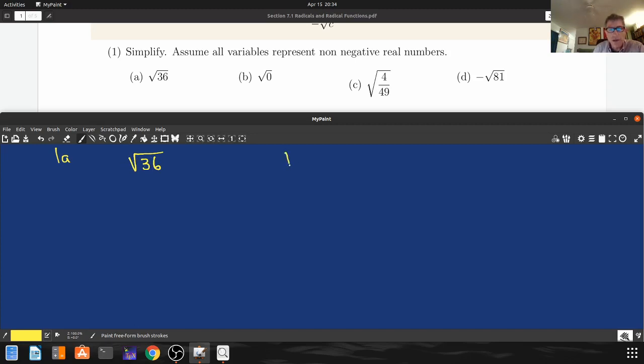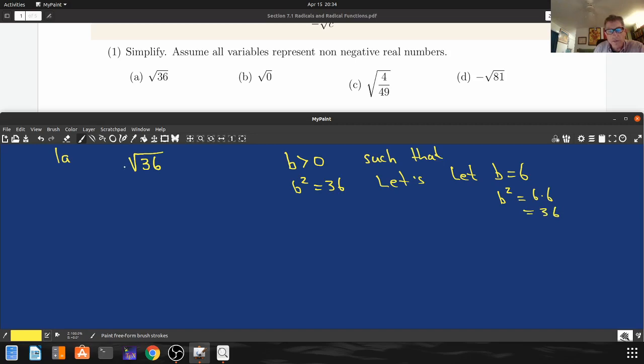So I'm looking for a positive number b, so b greater than 0, such that b squared is equal to 36. So let's try 6. So 6 is greater than 0, and b squared is equal to 6 times 6, which is equal to 36. So the positive square root of 36 is equal to 6.